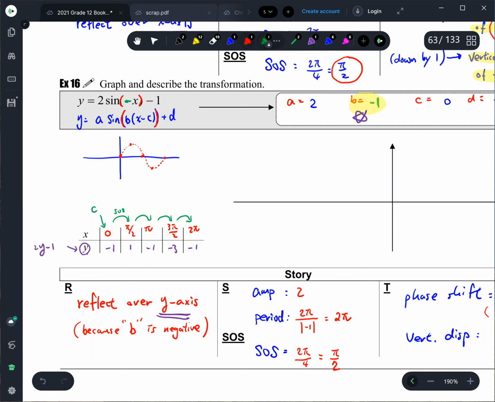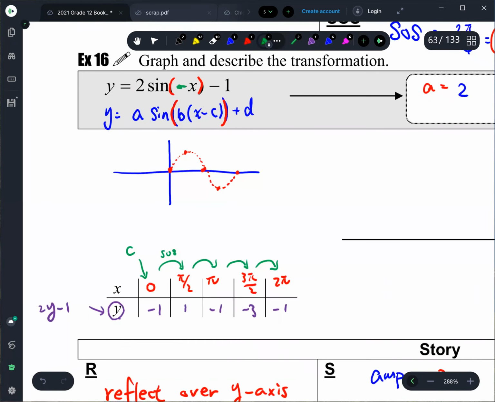Now, because it got reflected over the y-axis, the green line is the y-axis, so it flips over to the left side. Your new graph should look something like this, mirrored. So instead of heading to the right side, it is heading to the left.